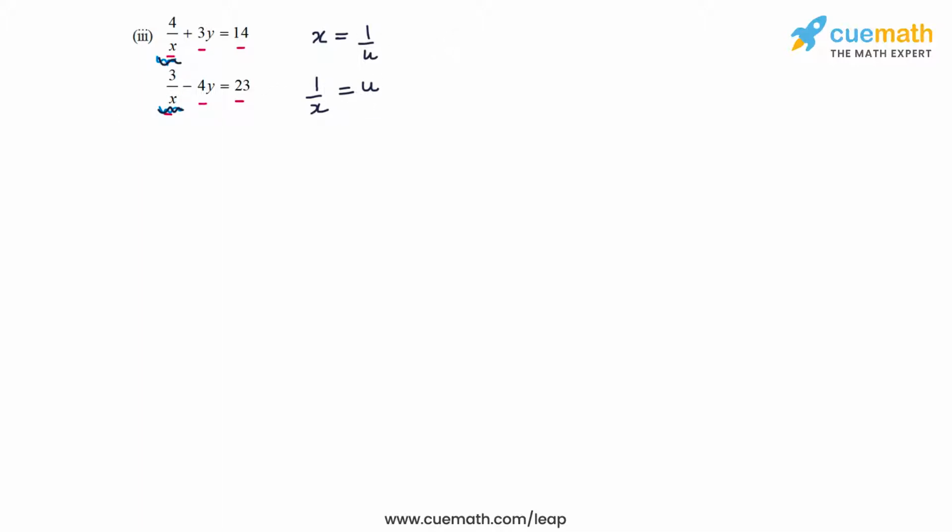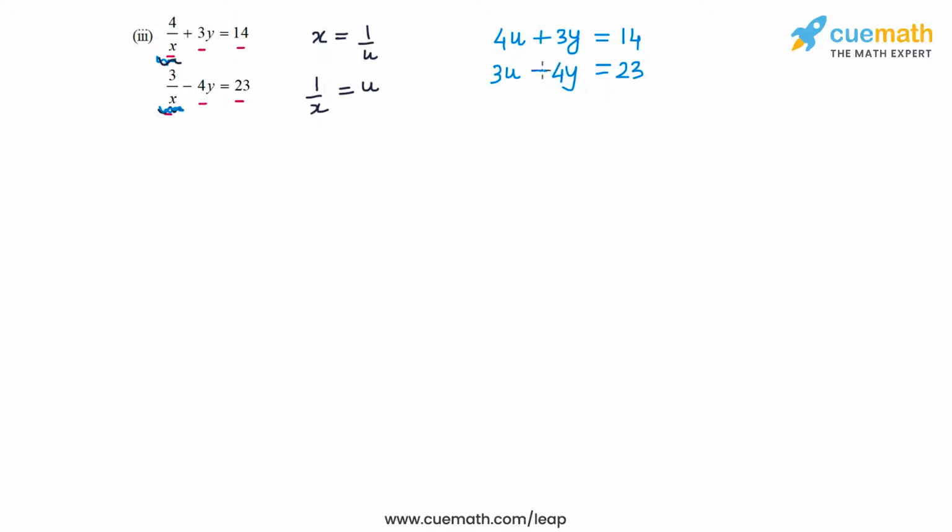So let's do that. So the first equation will become 4 by x or 4u plus 3y. So we don't need to substitute anything for y because the terms in y are linear. So we have 4u plus 3y equal to 14, and the second equation becomes 3 by x or 3u minus 4y equal to 23.